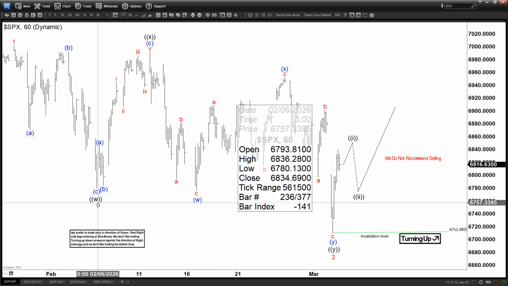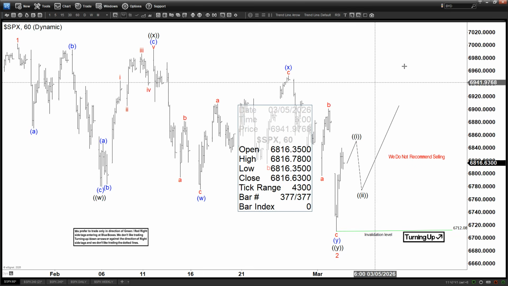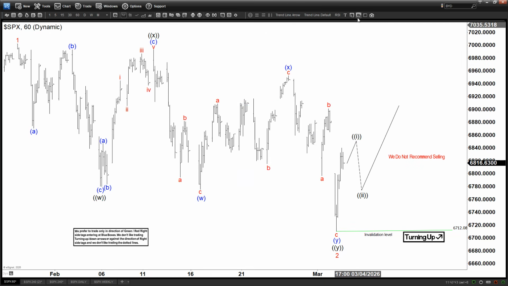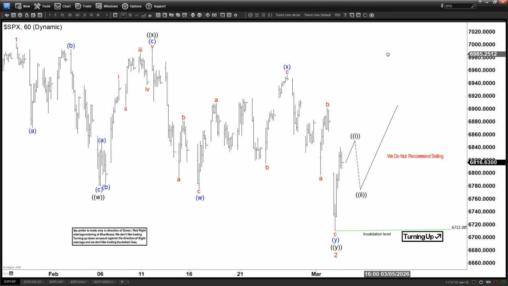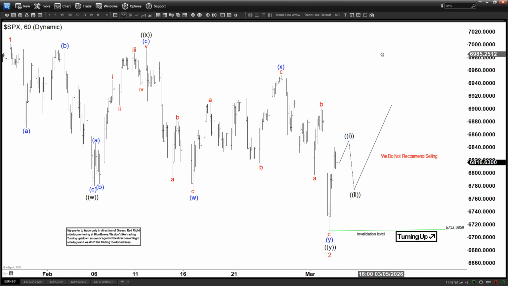So let me double check a couple of things here. Okay, so there are two possible ways you look at this, and I will offer you two possible options, but you need to understand what the expectation is. Now the first is what we are showing here, that this is actually a WXY.